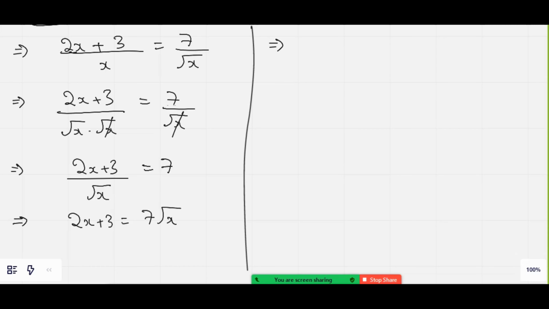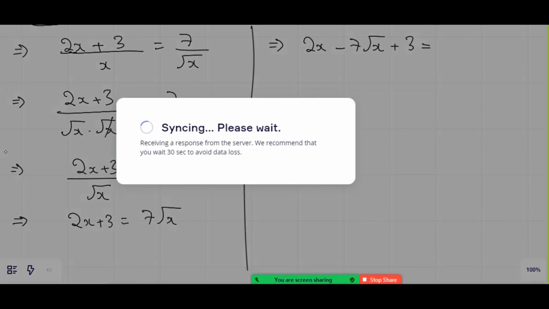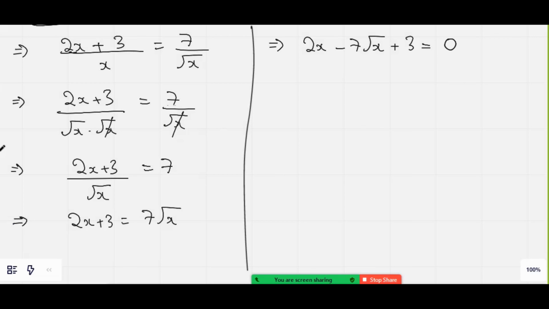So it is 2x minus 7 under root x plus 3 equals to 0. Now you can see that the highest degree is 1. It looks like it contains 3 terms, so it looks like linear.